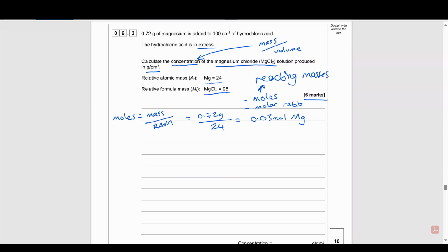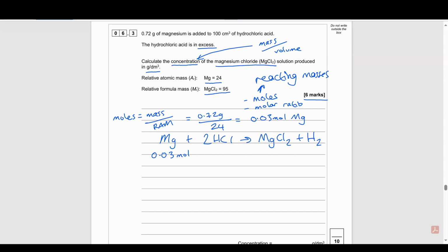Now, let's take our equation and write that just underneath so we can remind ourselves of everything instead of going up and down. Now, we have figured out that there is 0.03 moles of magnesium.